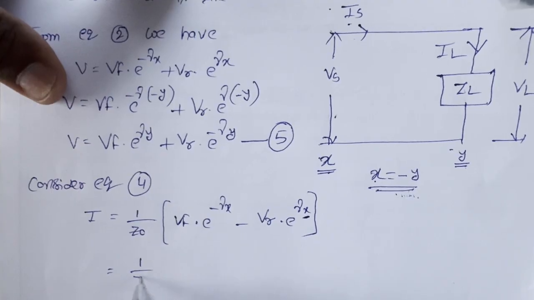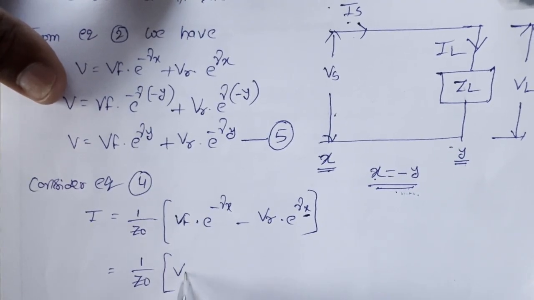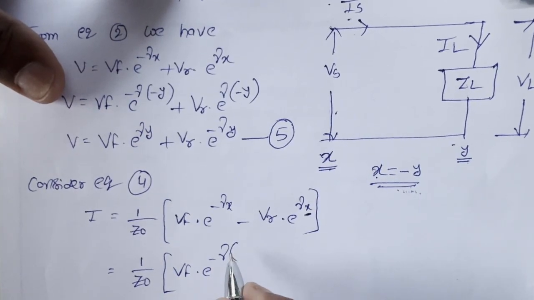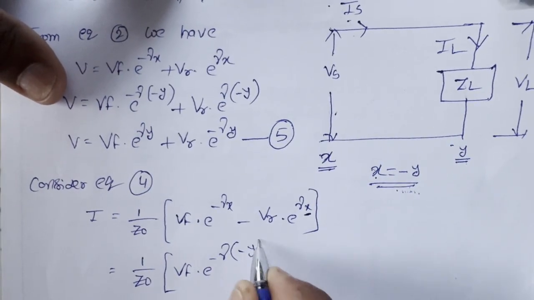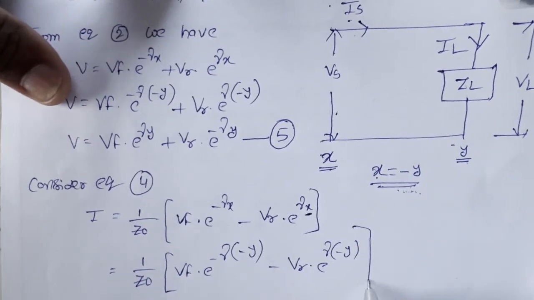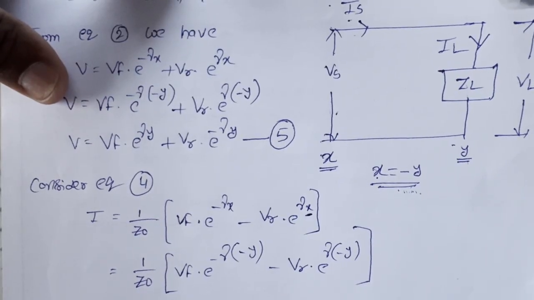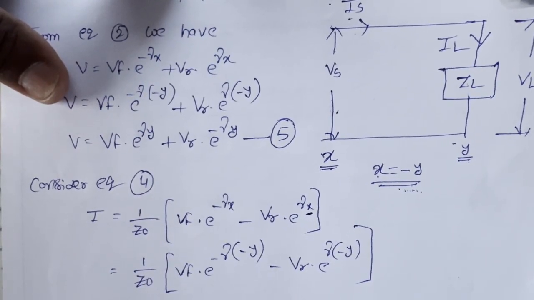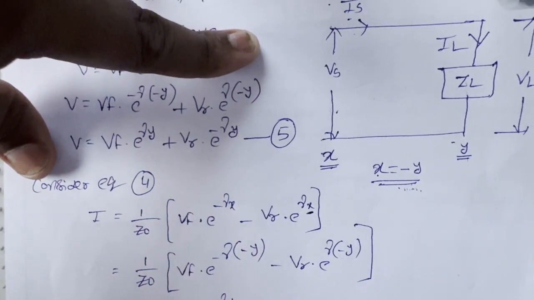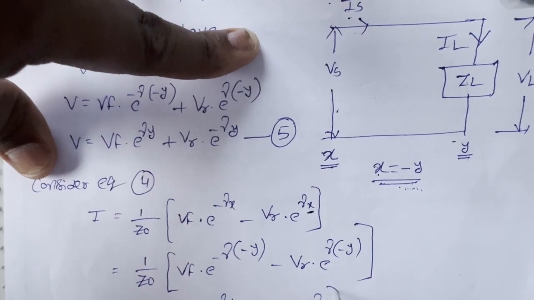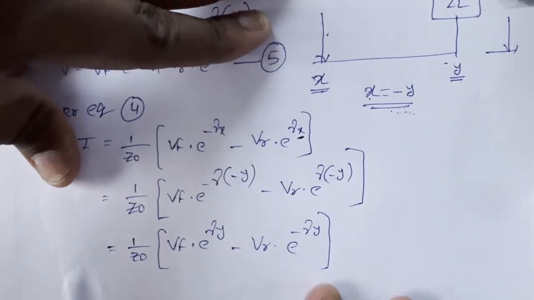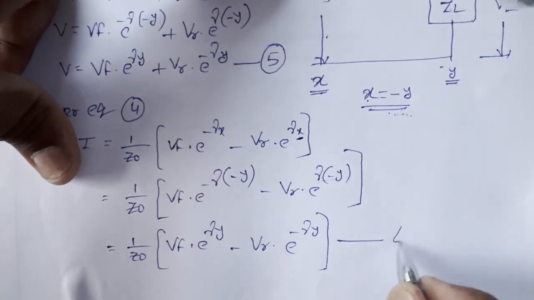Then I equal to 1 by Z0 into Vf into e power minus gamma into minus y, minus Vr into e power gamma into minus y. That equals 1 by Z0 into Vf into e power gamma y minus Vr into e power minus gamma y. We are getting it like this.